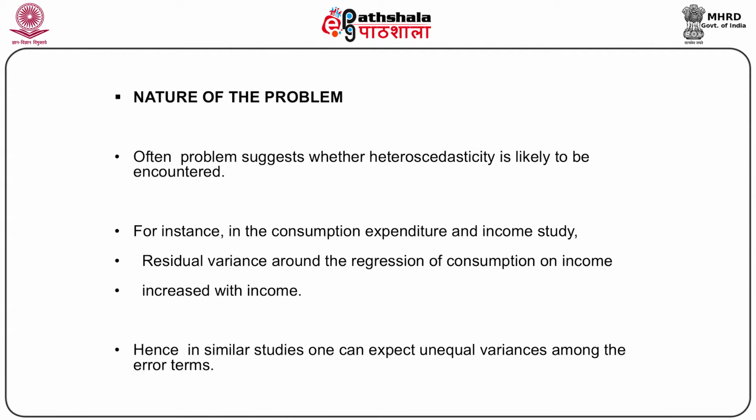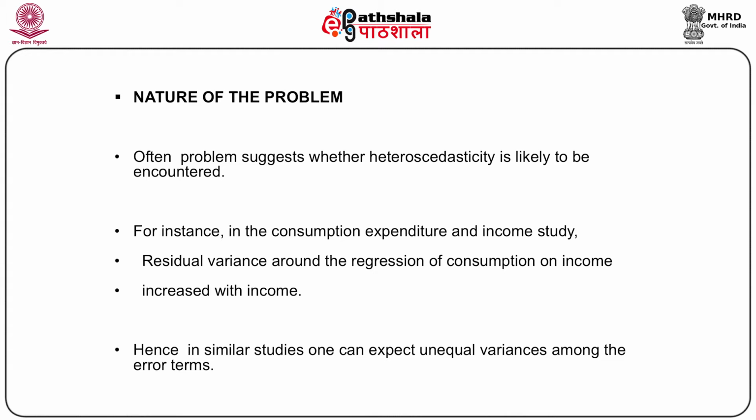For instance, in the consumption expenditure and income study, it was found that the residual variance, or the variances of the error terms around the regression of consumption on income, increased with the increase in income. Hence, one now generally assumes that in similar studies, one can expect unequal variances among the error terms. Actually, in cross-sectional data involving heterogeneous units, heteroscedasticity may be the rule rather than the exception.